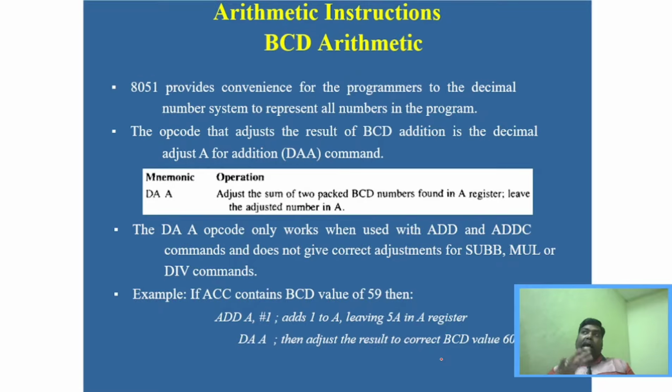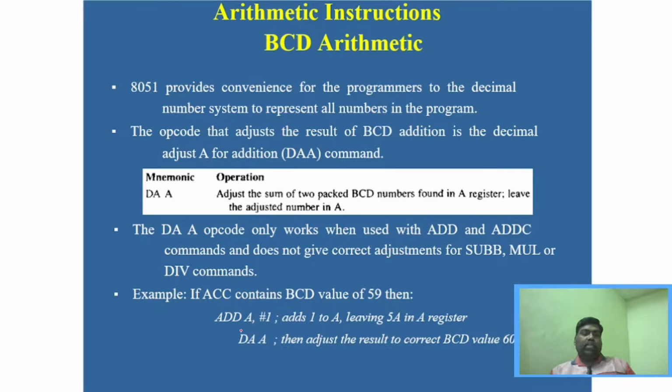And as I said, the last instruction, which is very important, is DAA, that is, decimal adjust accumulator. I have already explained that this BCD instruction is applicable only for addition, not for multiplication, subtraction and division. All it does is adjust the accumulator to the correct BCD form.